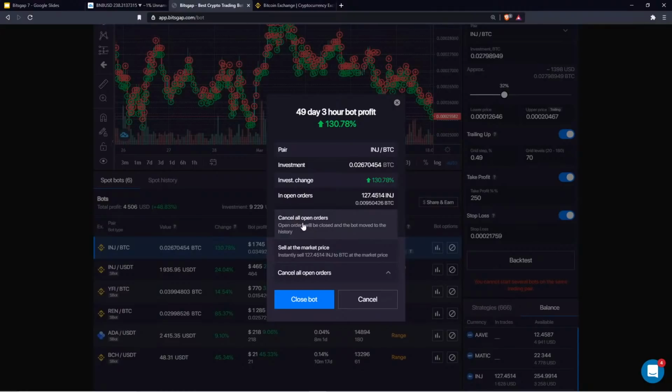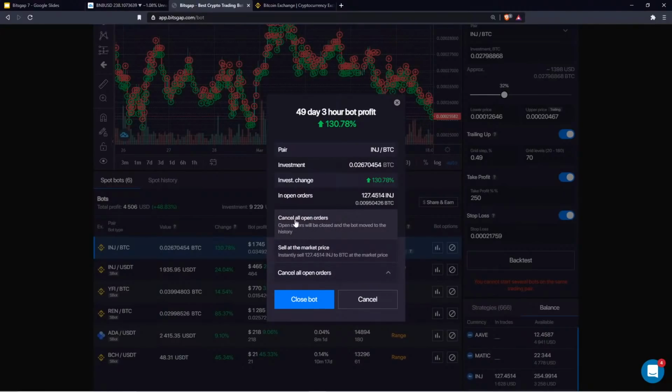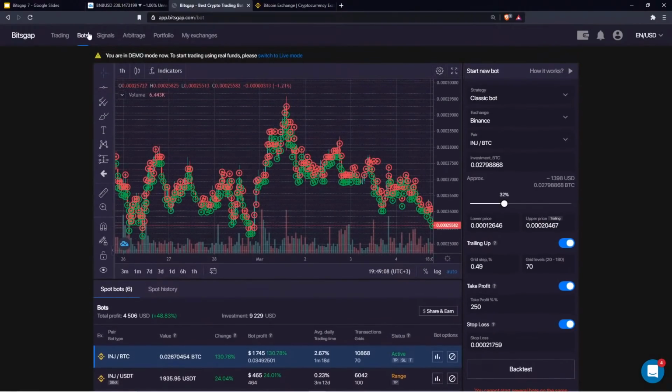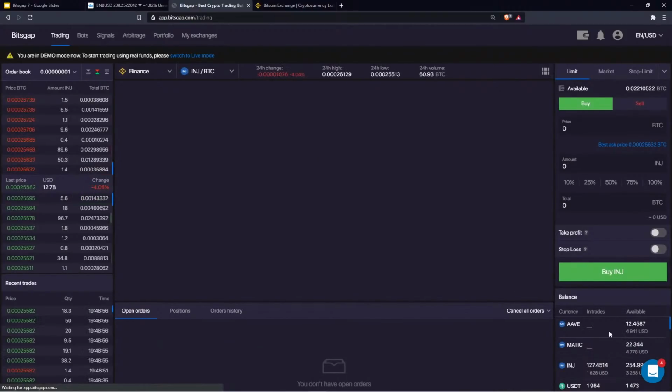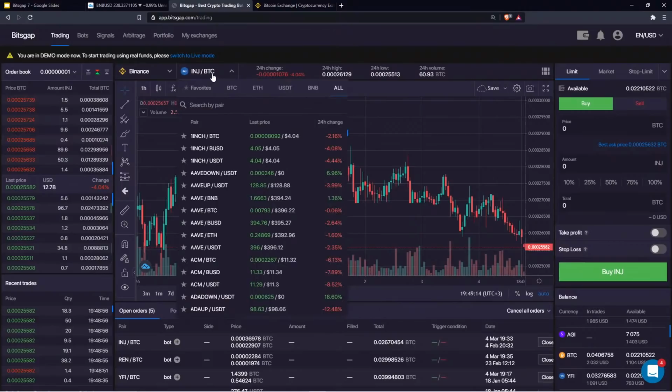If you cancel the bot with this option, which is cancel all open orders, it doesn't sell your base currency. It just goes to your balance. So you can close it with this option, but then later make sure that you sell INGs if you don't need them in your portfolio. You just click on trading, and here you select INGs.